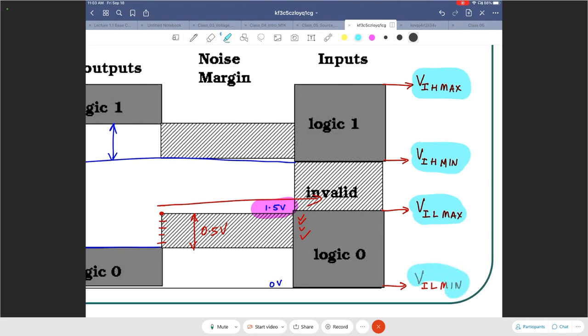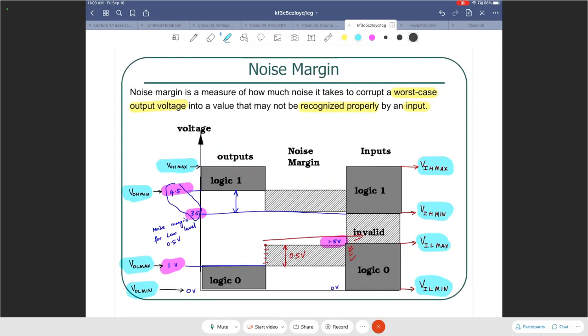Now let's compute noise margin for the high level. And I'm going to write the formula all the way at the top. Noise margin for the high level equals what? What should I subtract from what for the high level? I'm going to start writing this.